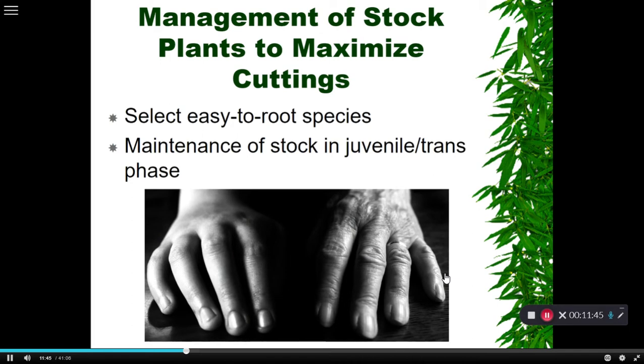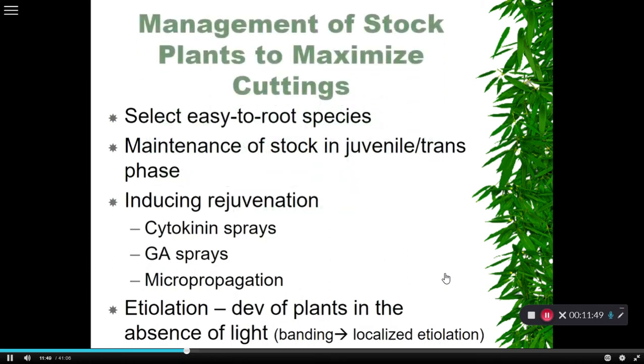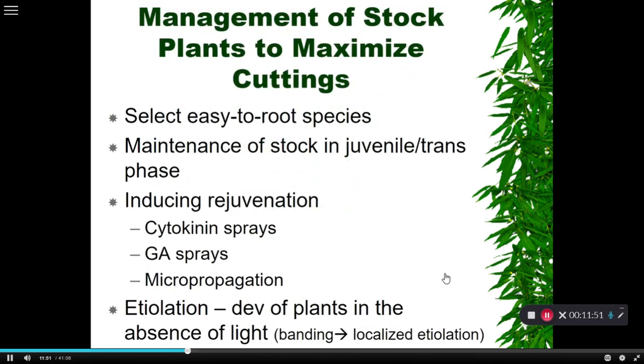Okay, what else can we consider in maximizing cuttings in our stock plants? Okay, so you just saw the first two bullets there. We also have some evidence that we can manipulate stock plants by cytokinin. Remember the hormone cytokinin, we can dilute it in water and apply it to freshly trimmed plants, where the buds are removed from trimming them, and you spray on cytokinin.